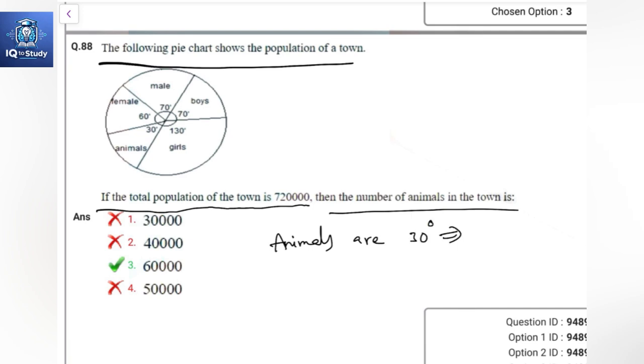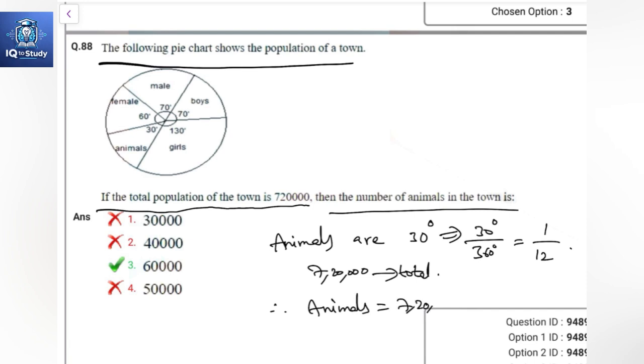So that implies 30 degrees by 360 degrees, which is equal to 1 by 12. And the total is 7,20,000. Therefore, animals is equal to 7,20,000 into 1 by 12, which is equal to 60,000. So, option 3 is correct, which is 60,000.